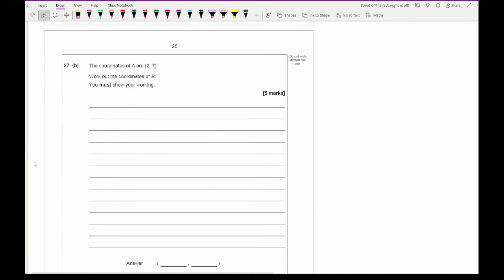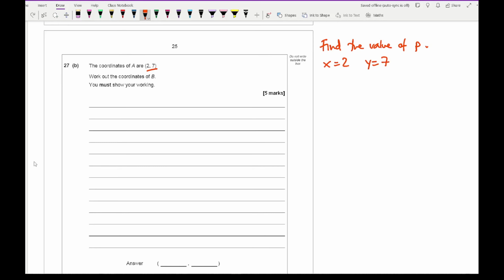And with question 27b, it says the coordinates of A is (2, 7). Work out the coordinates of B. You must show your working out. So for this, what I need to do first is find the value of p. Now I know that when x equals 2, y equals 7.